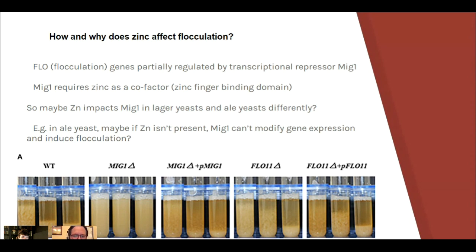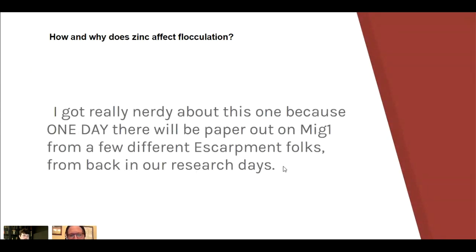So it's doing all of these different things that are relevant to the yeast and its fermentation. Go to the next slide. I just want to highlight that getting nerdy about this is important, because one day there will be a paper out on MIG1 from a few different Escarpment folks, including our other co-founder Angus from back in our research days. One day that'll happen. So that's exciting.